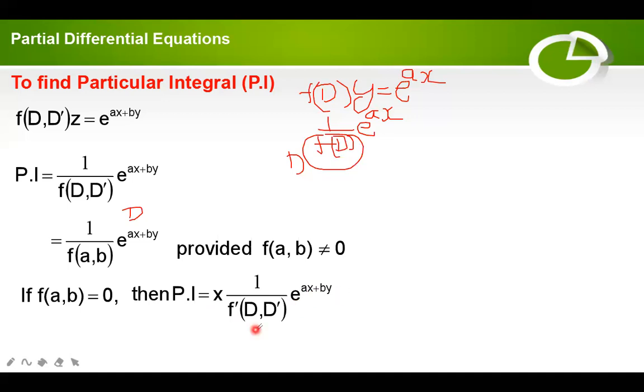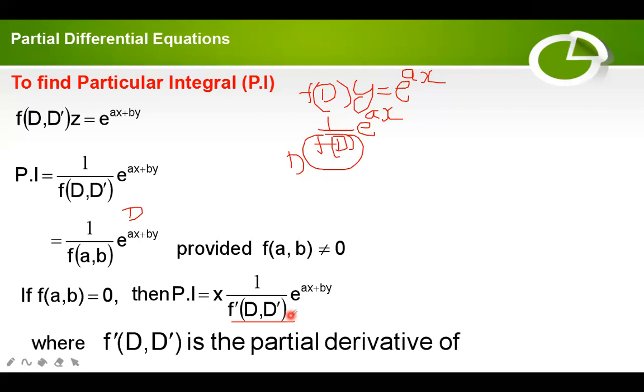This is the partial derivative with respect to capital D; if it is still 0, again we continue the process. Now, we already studied how to find PI in case of e raised to ax plus by. In this lecture, if the denominator is equal to 0, how do we find PI?